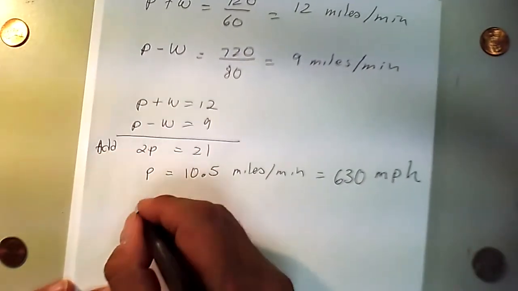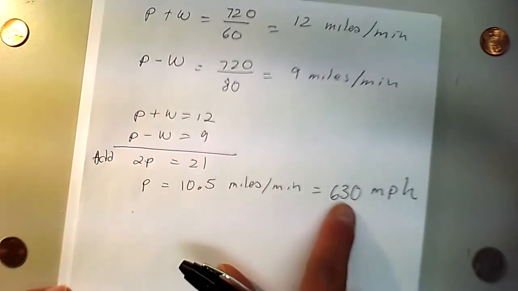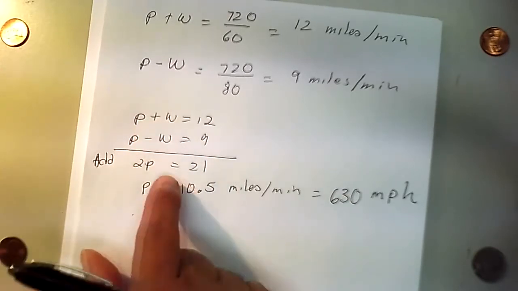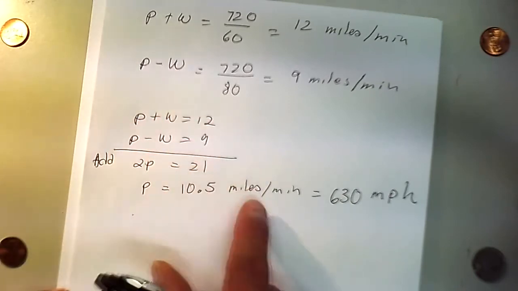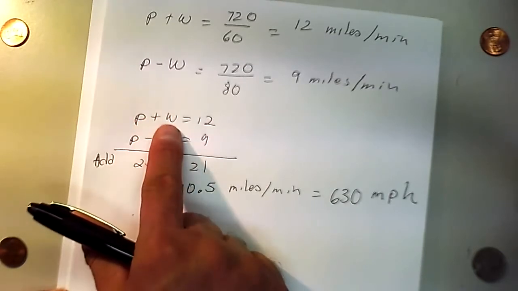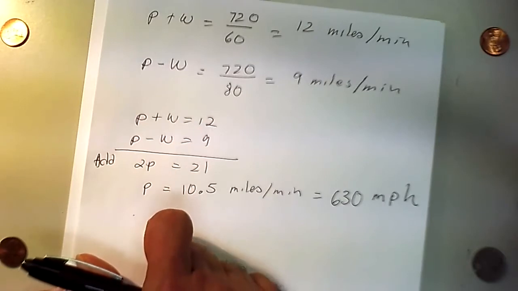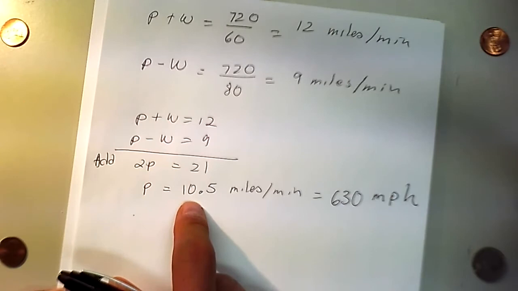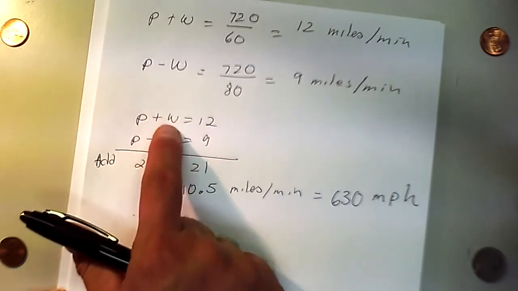How about the wind? Well, this is interesting because we don't want to plug this number into this equation to figure out the wind. See, P is 10.5, so we've got to mind the units. 10.5 is P. How much does it need to be added to get 12? Well, 10.5 plus 1.5. I'm just doing this in my head.